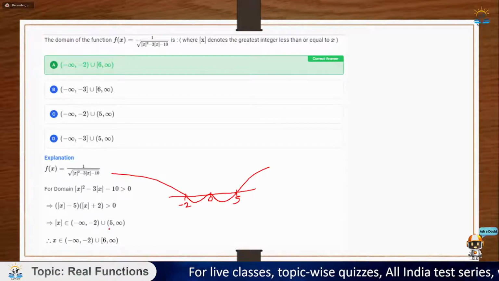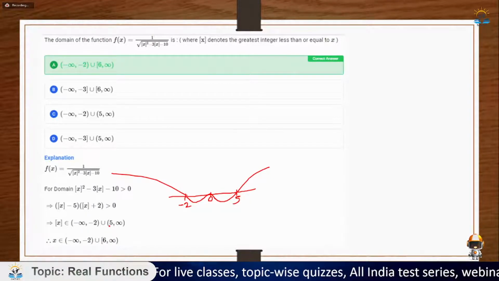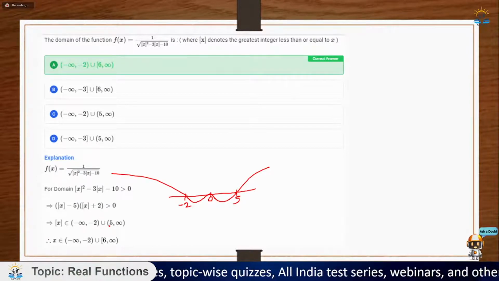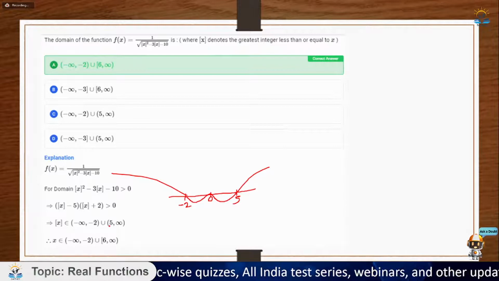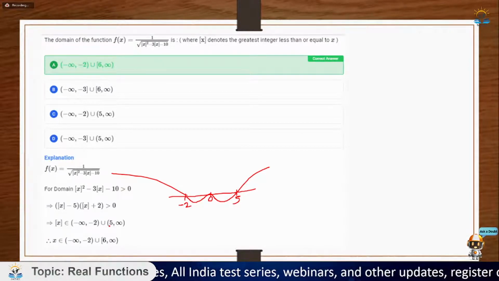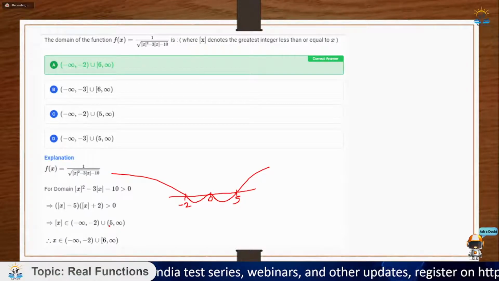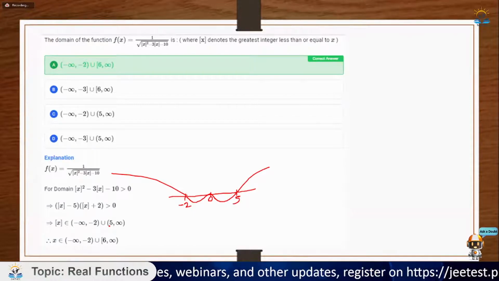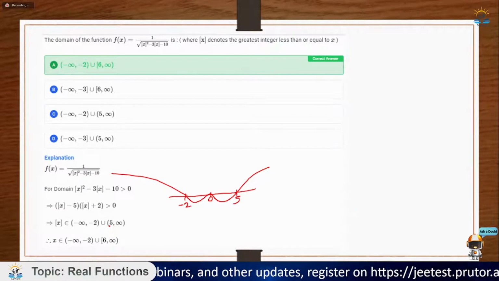Why? Because I want that 5 is not included in my answer. So my GIF of x is not equal to 5, which means my x is also not equal to 5. Because my greatest integer function is some integer only when x is also an integer. And since there are round brackets on 5, I can say that 5 is not included in my range.